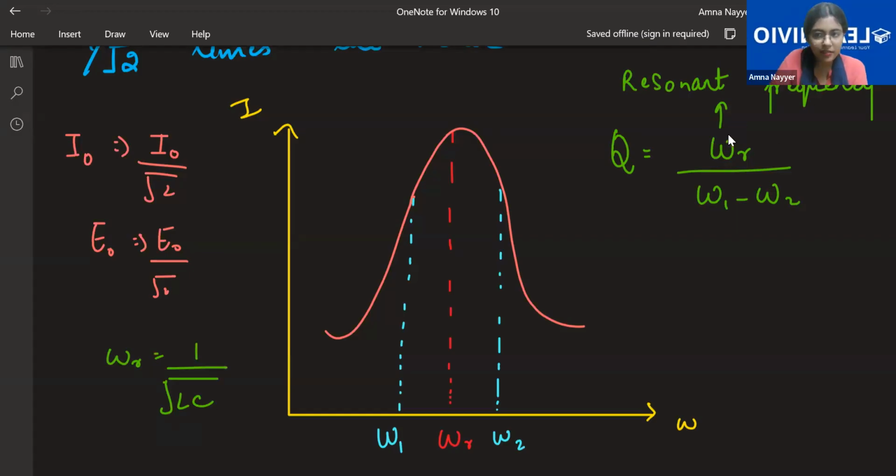Now see, the resonant frequency divided by, you just take either values of the graph. One main value will be the resonant frequency's value. You take either of the values which is just lying, one is preceding it, one is succeeding it. So they are different, and this difference is known as bandwidth.